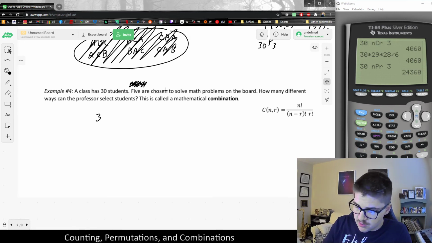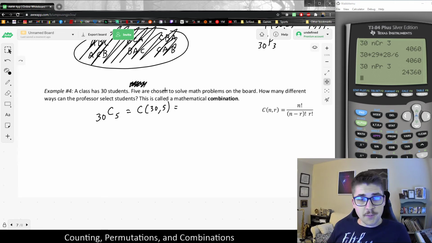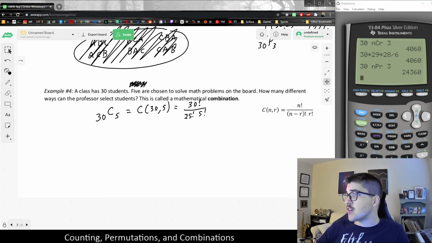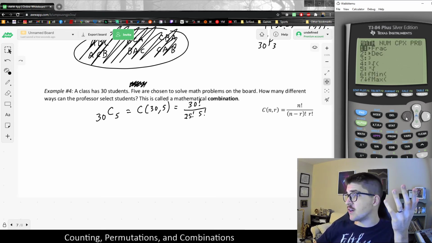So this would be 30C5, or C parenthesis 30 comma 5, depending on your textbook. And that would amount to 30 factorial divided by the difference factorial times r factorial. You could simplify that, or you could just type it in as 30C5, or even just use factorials. There's quite a few different ways you could come up with the answer here.